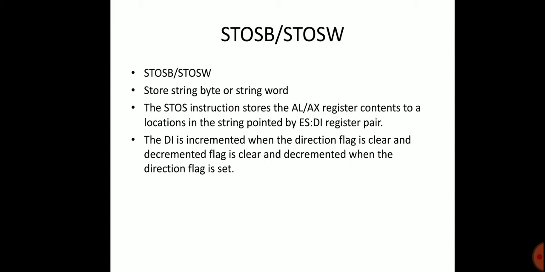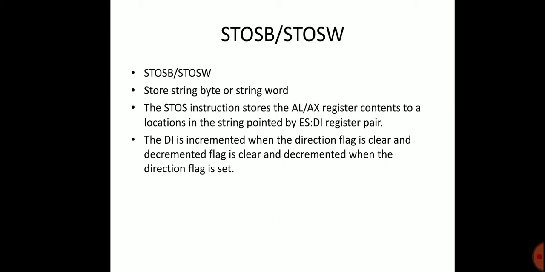The source index and destination index are incremented when the direction flag is clear and decremented when it is set. The length of the string must be stored in the CX register.